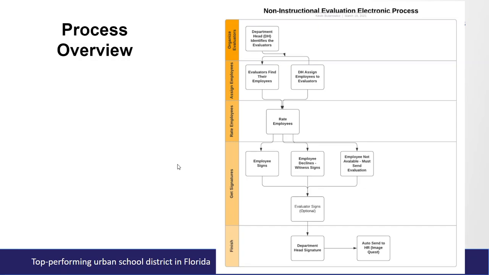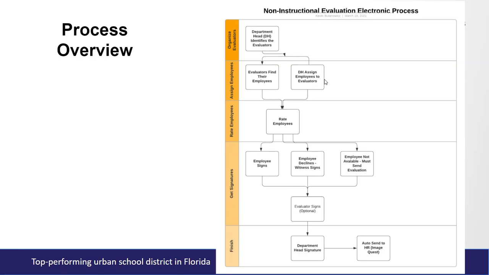Let's look at a basic overview of the process. This may not be exactly how you at your school and department will complete the evaluation, but in general, here's the flow. The first step at the top there is that the department head, that principal or director, will go into the system and identify who the evaluators are if they have any other evaluators besides themselves. So these are typically supervisory employees such as yourself.